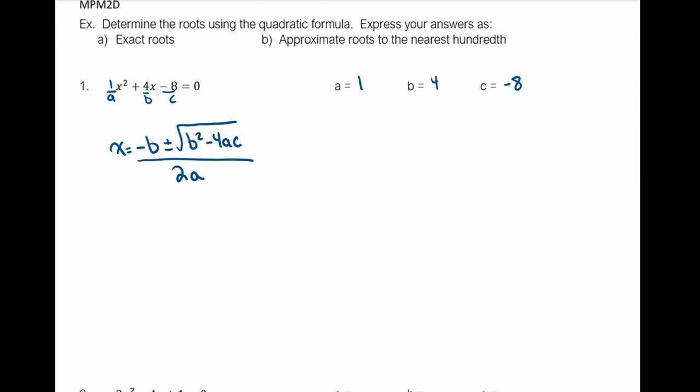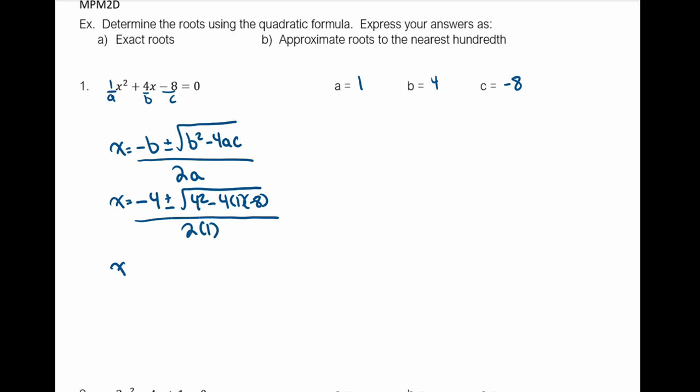Now that I have this formula, I'm going to plug in all my values. The negative stays there no matter what. So negative, and then my b value of 4 plus or minus the square root of 4 squared minus 4 times 1 times -8, all divided by 2 times 1.